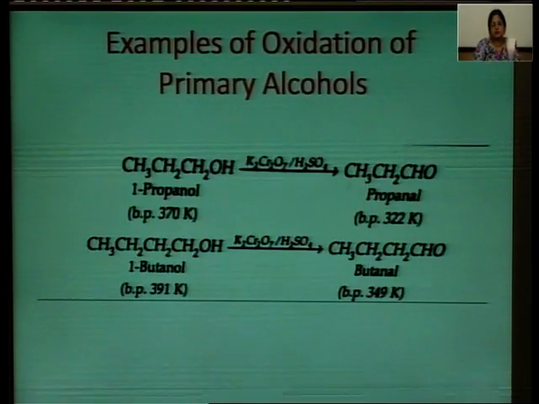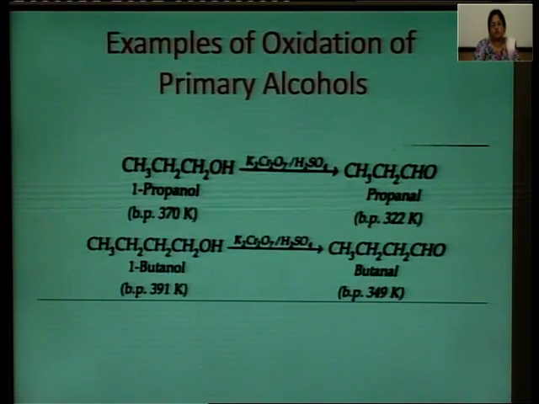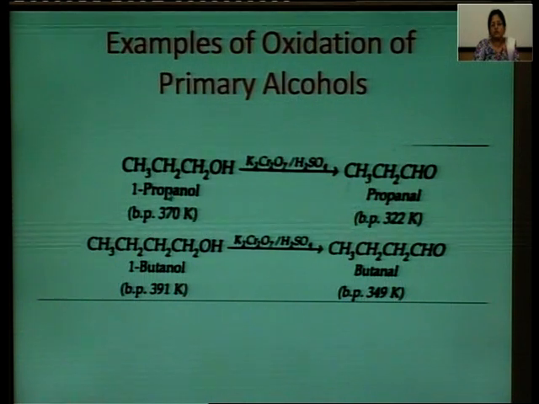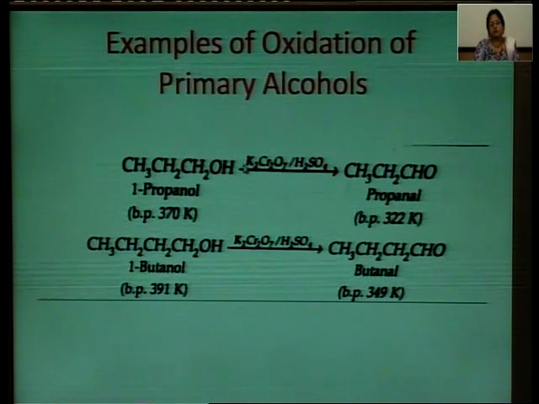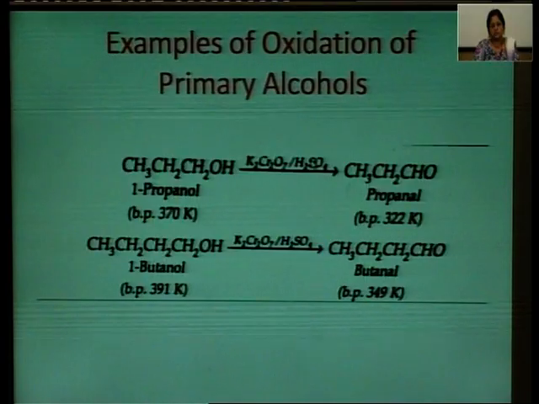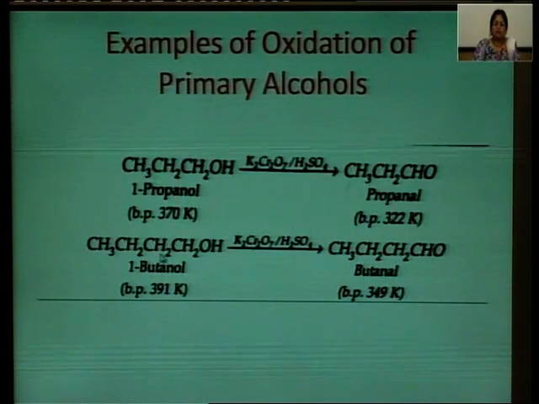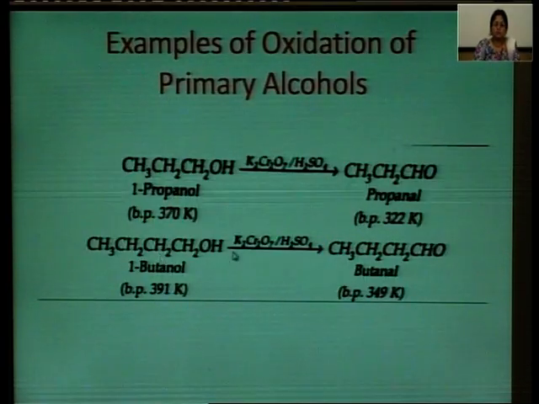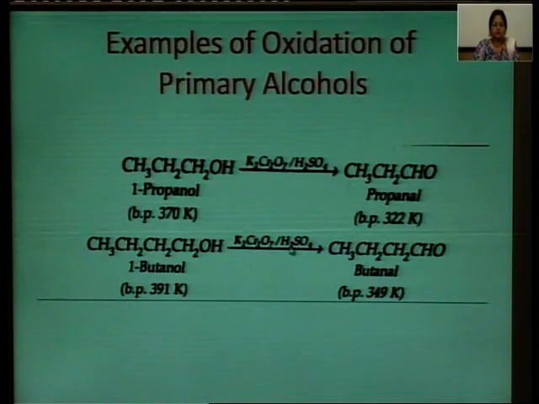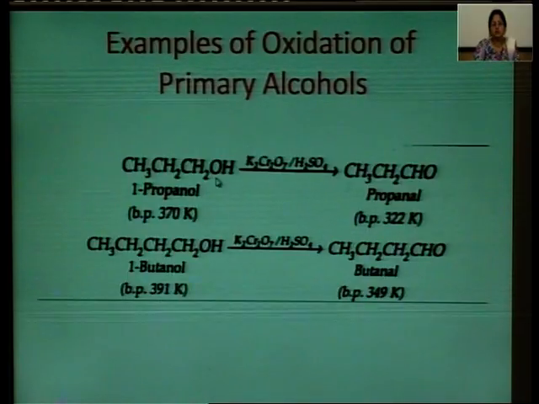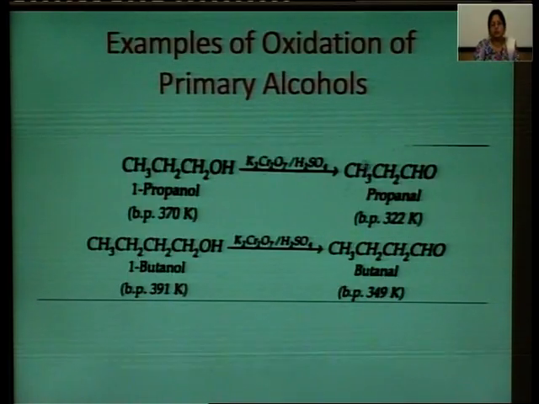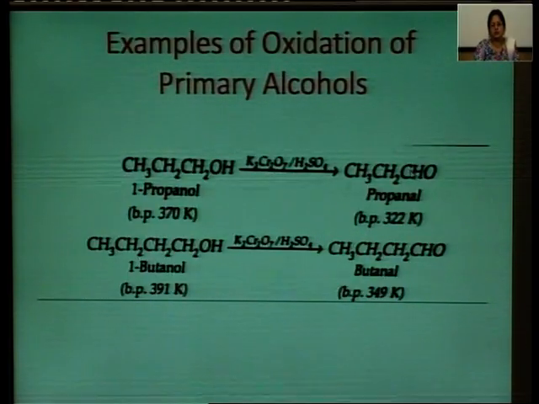This slide shows the examples for the oxidation of primary alcohols. For example, 1-propanol upon oxidation with a mixture of potassium dichromate and sulfuric acid forms propanal, and 1-butanol upon oxidation with potassium dichromate and sulfuric acid forms butanal. So, the alcoholic group gets oxidized to the corresponding aldehydic group.